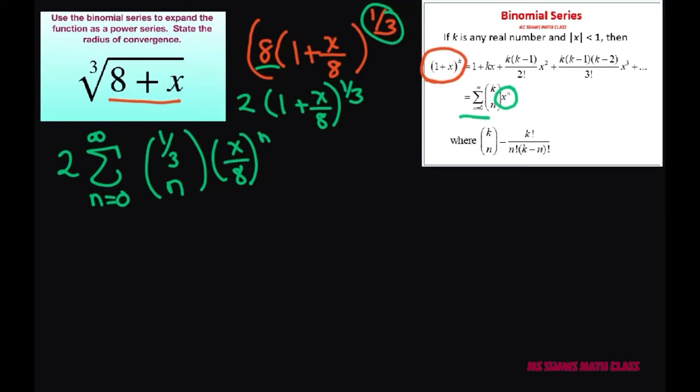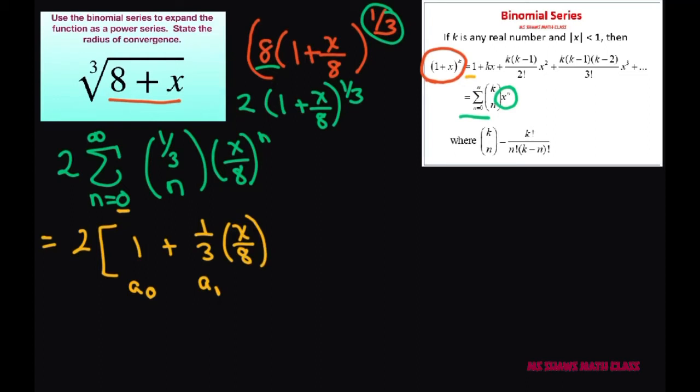All right, so let's expand this. This is going to give me equals 2. And for the first part, this is our first term, a sub 0, because we're starting at 0. We'll get 1 plus our next term, which is a sub 1. That's going to be 1/3 times x divided by 8.